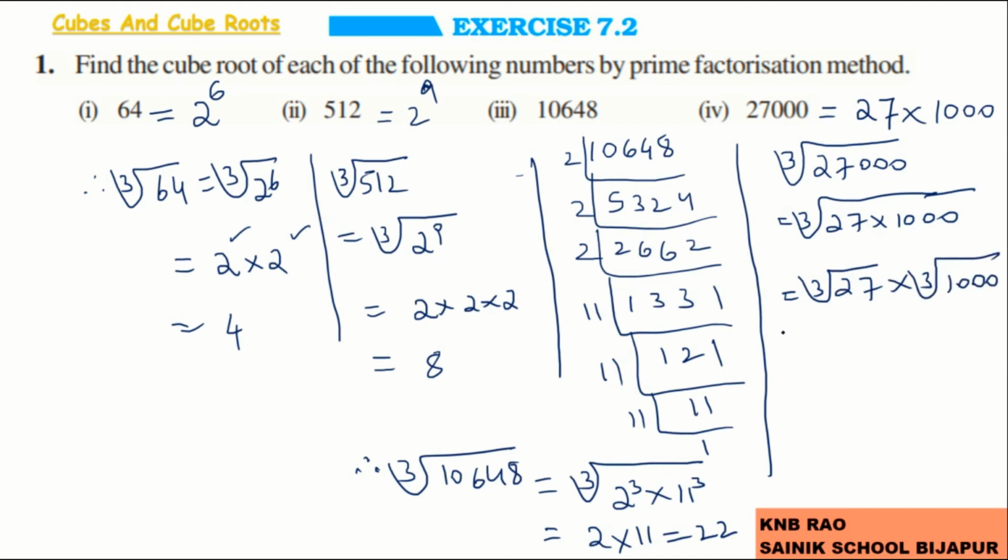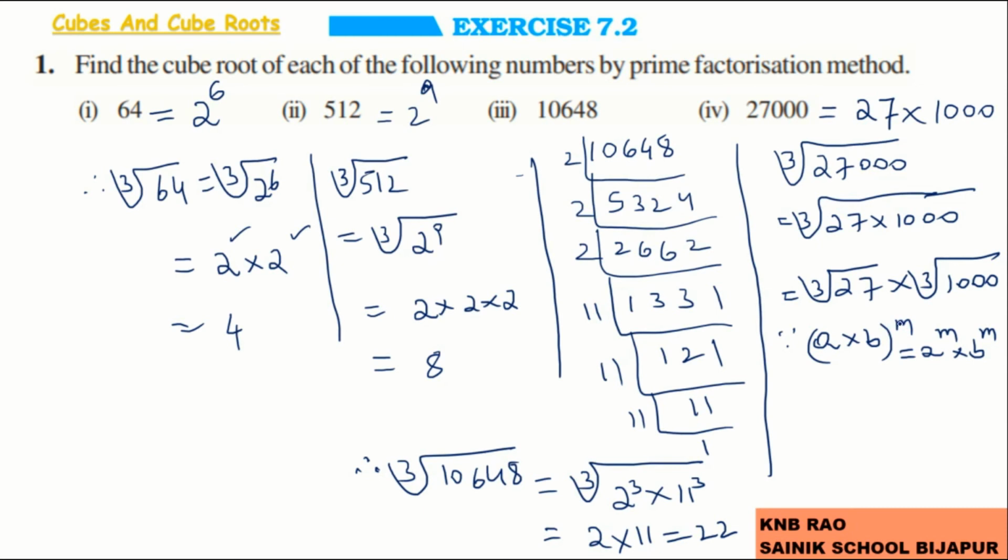What am I using? I am using the logic that a into b whole power m can be written as a power m into b power m. Same I am using, where m is an integer, what we learnt in our natural numbers in class 7th. Here, instead of an integer or a natural number, it is 1 by 3. It is a fraction.